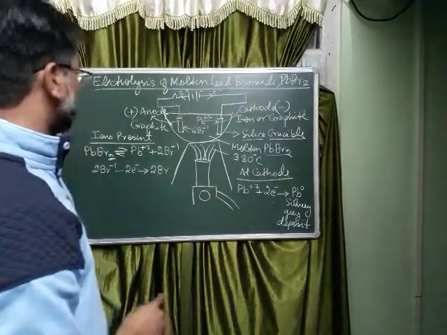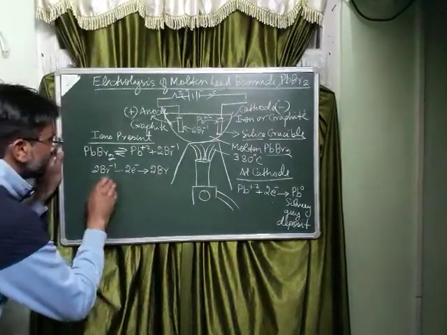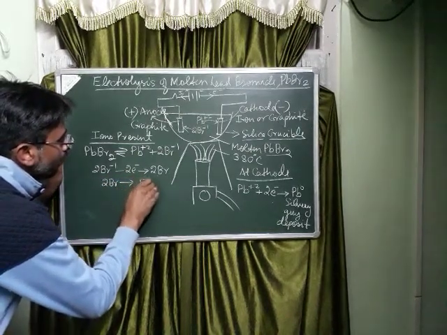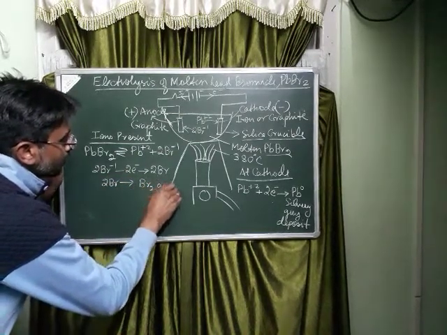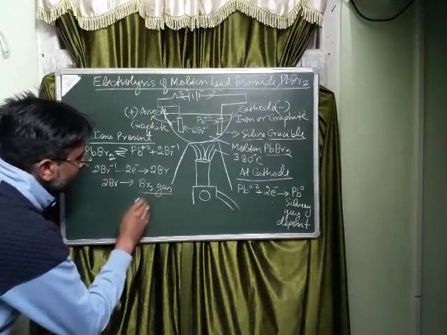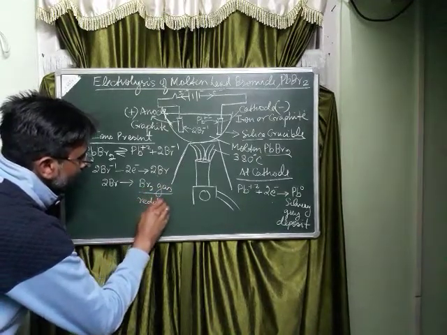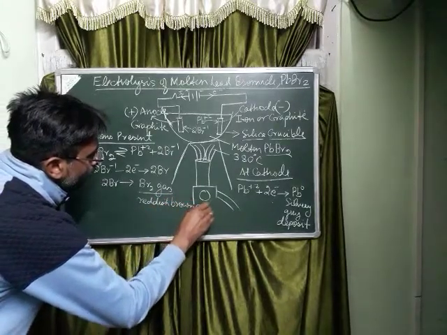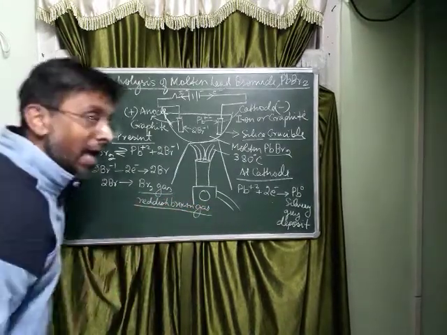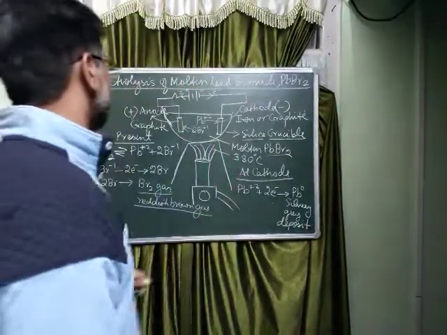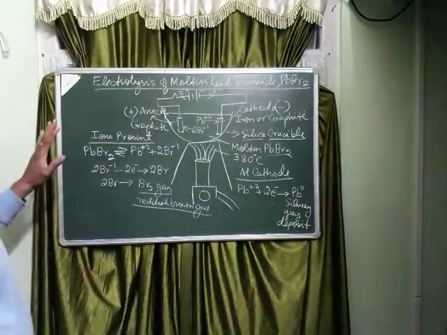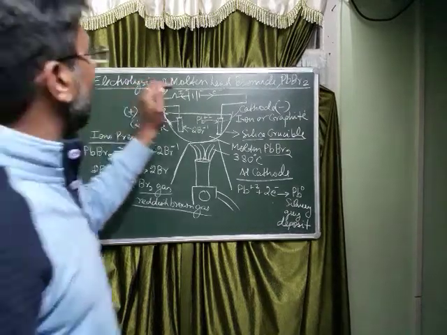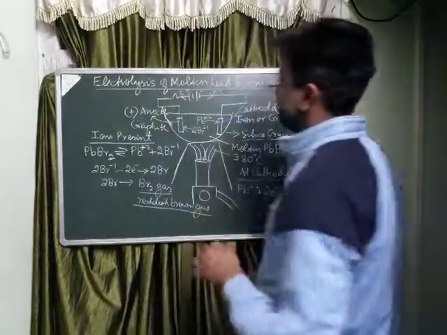These two bromine atoms combine to give bromine gas. The color of this bromine gas is reddish brown. It is a reddish brown gas, like nitrogen dioxide gas. So, this is how the electrolysis of molten lead bromide takes place.